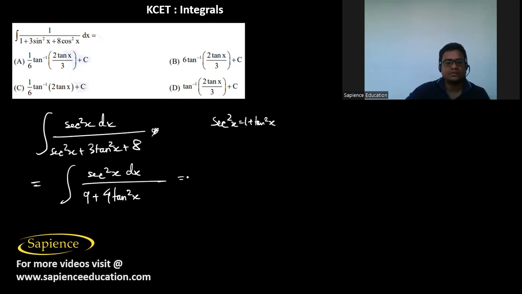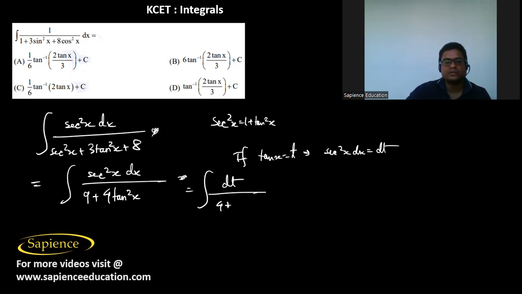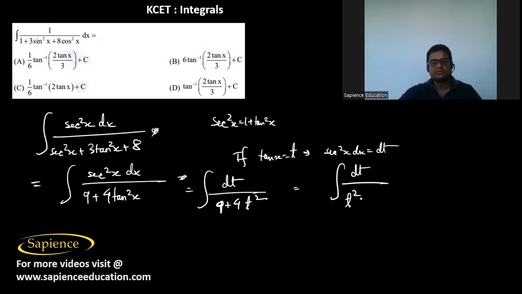So now if we take tan x as t, then sec square x dx will be equal to dt. So this can be written as integral dt by 9 plus 4 t square. So this will be equal to integral dt by t square plus 9 by 4, means 3 by 2 whole square.